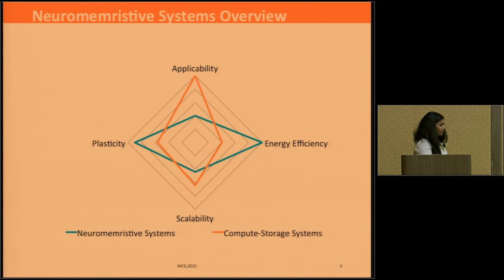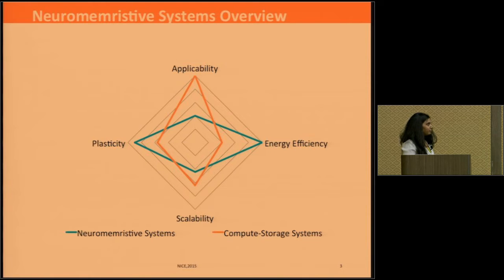But if we look at these parameters which are really of interest, one is the energy efficiency. In traditional systems, data storage and processing are performed on different substrates, so there is a lot of overhead in relaying information back and forth, whereas in neuromemristive or neuromorphic systems, it is performed on the same physical substrate, so the efficiency is much higher.